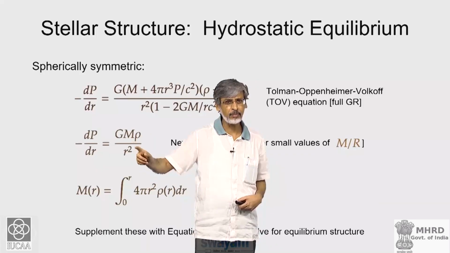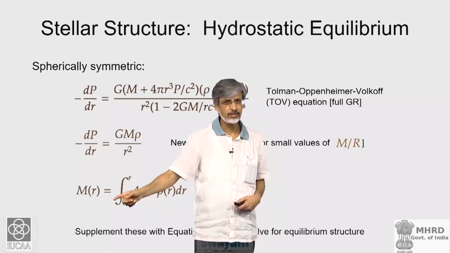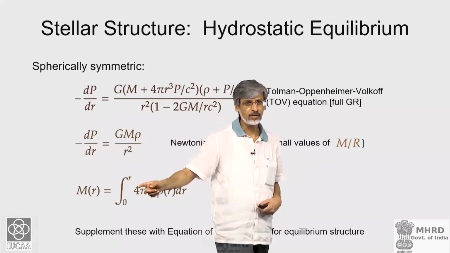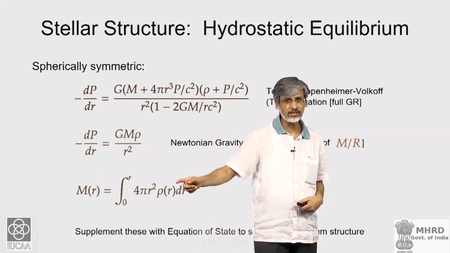This quantity m, the mass within a radius r, is as shown here, the integral from the center to the radius r of 4 pi r squared, the density at radius r, times dr.